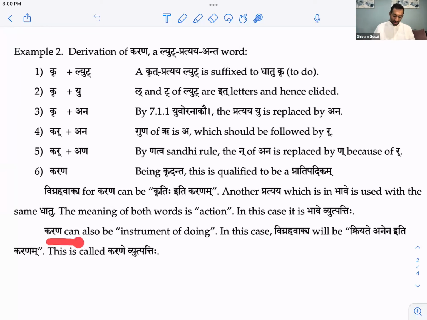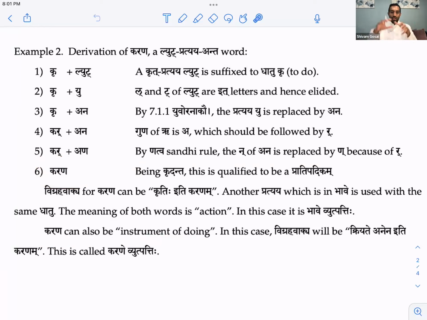Now, the word itself can have any sense. The word karana can also mean, in karane, the instrument of doing. So it's one and the same word, and depending on the intention of the speaker, it can have a different translation.